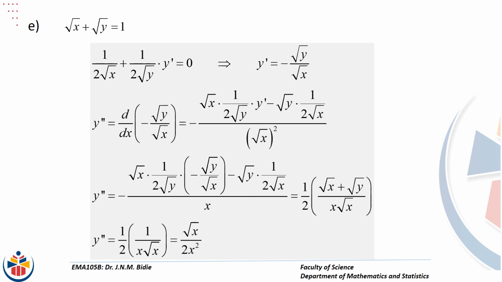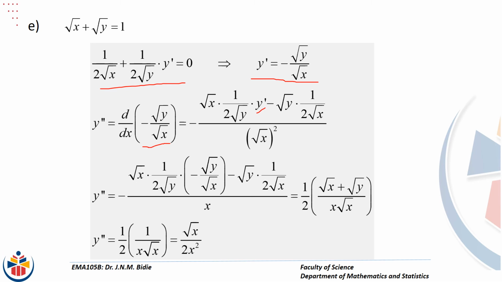For E, we use implicit differentiation again. Let's see. Differentiating each term and make y prime the subject. Then differentiate your y prime using the quotient rule. Note that you end up with y prime in the first term.